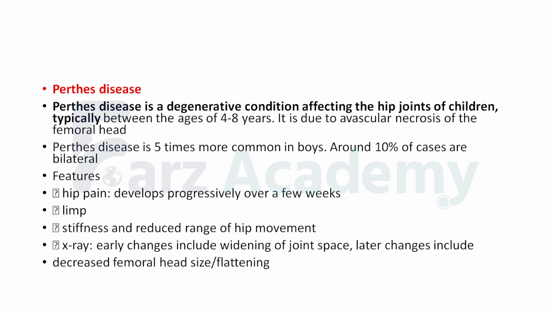Perthes disease is 5 times more common in boys. Around 10% of the cases are bilateral. Features include hip pain. The patient develops progressively over a few weeks, usually the limp, stiffness, and reduced range of hip movement. X-ray shows early changes including widening of the joint space. Later changes include decreased femoral head size and flattening.